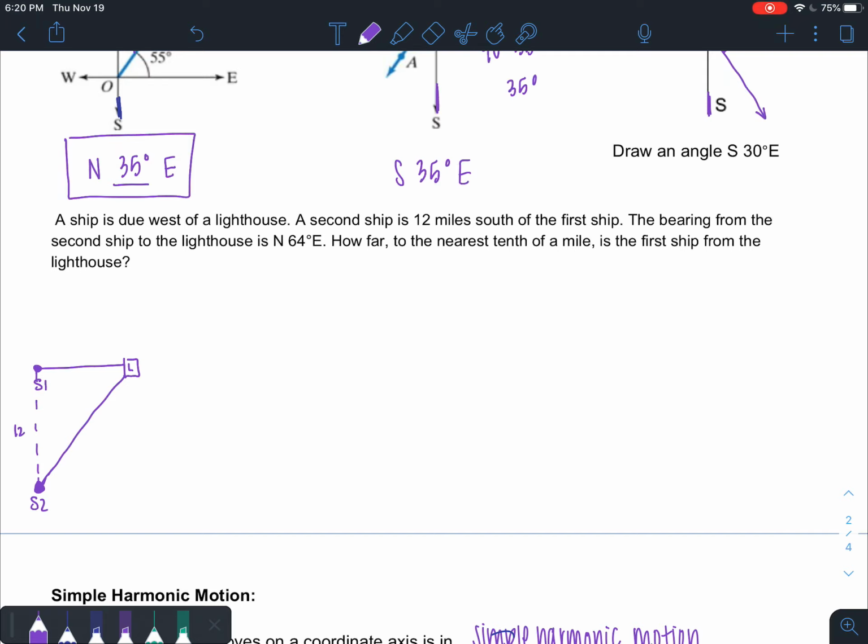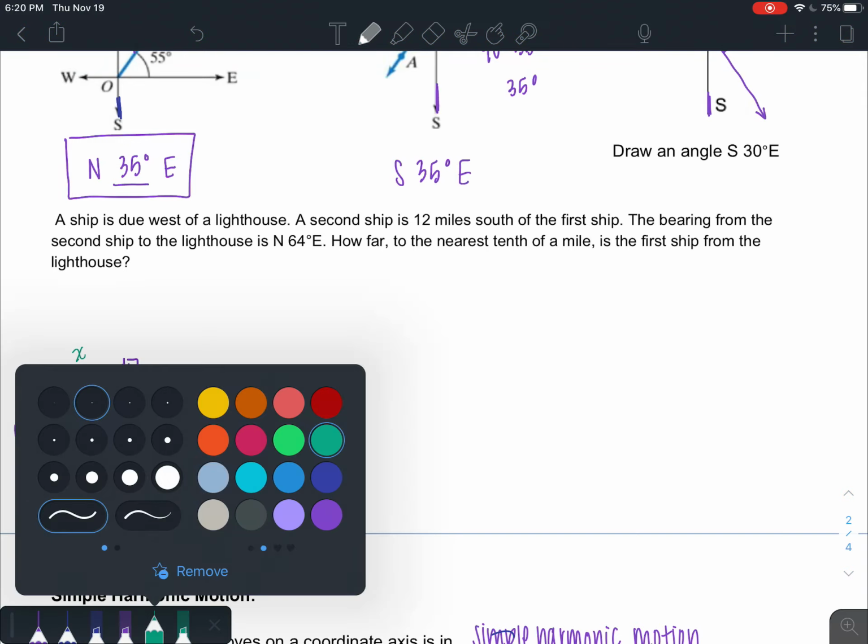Okay, so this is 64 degrees here because it's northeast, and that takes us to the lighthouse. And then it says how far to the nearest tenth of a mile is the first ship from the lighthouse. So we are trying to find this distance right here.